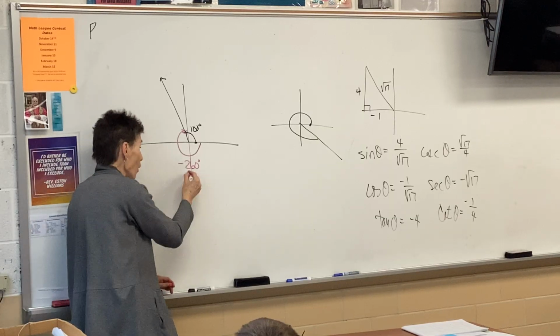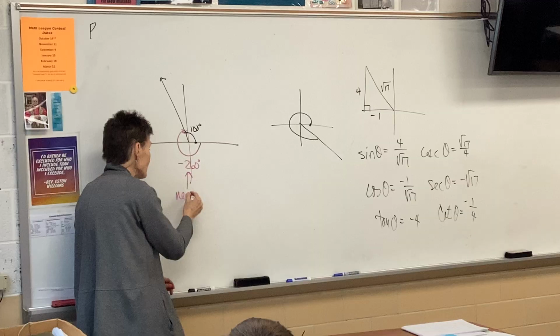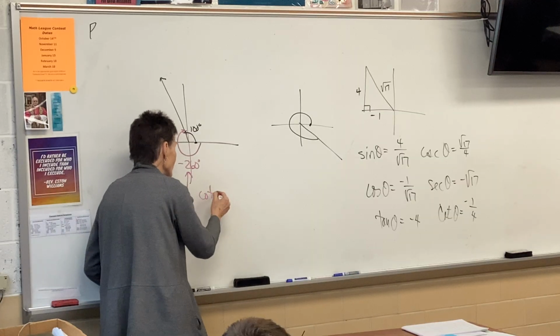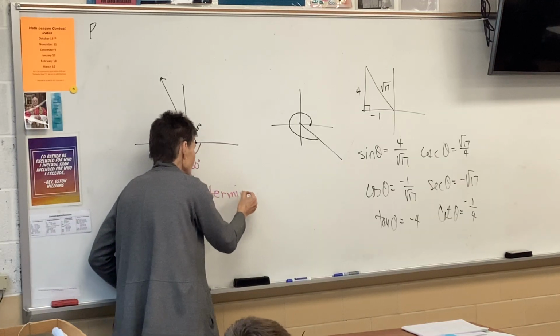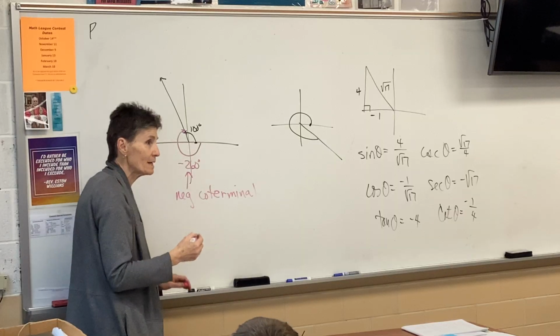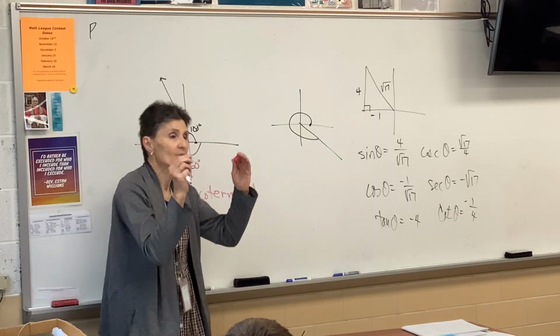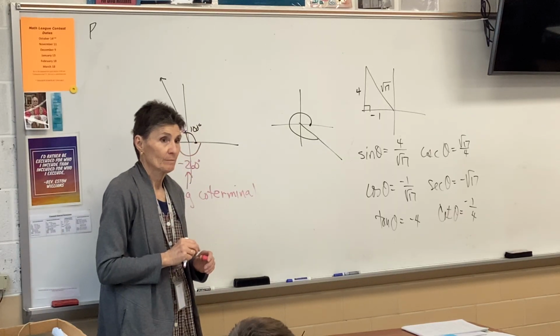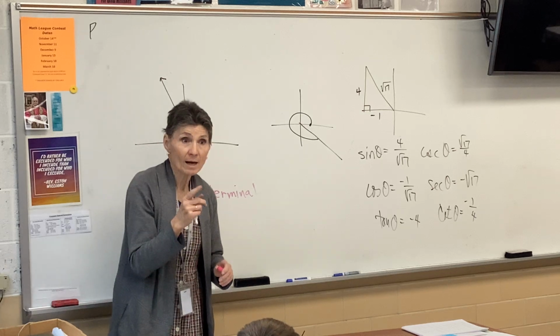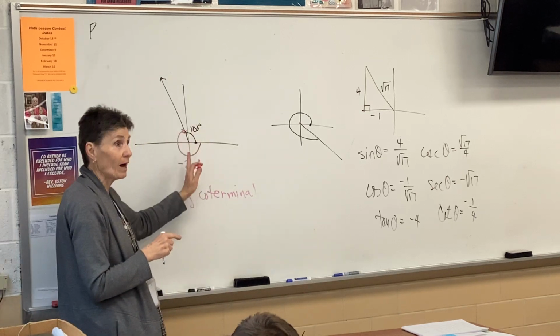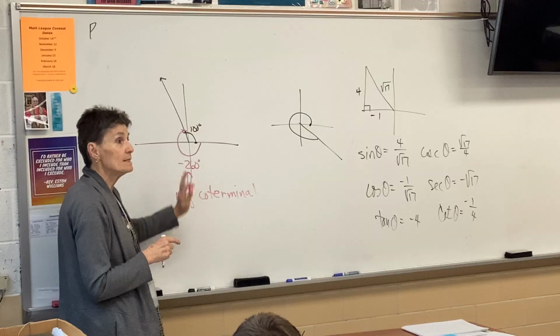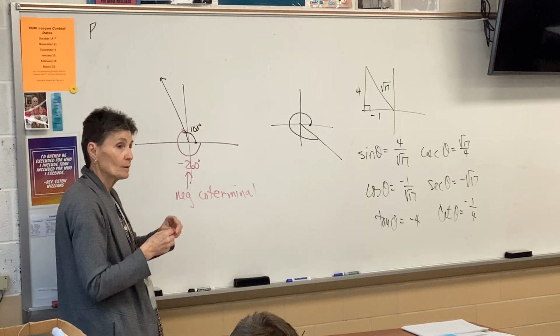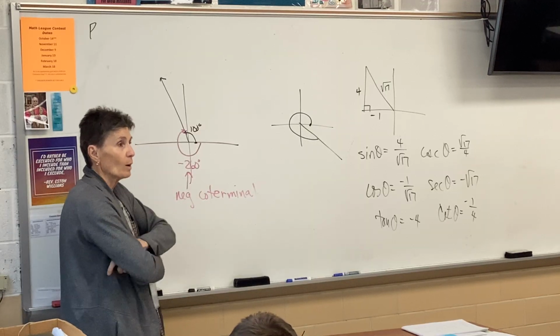This is called a negative coterminal angle. What does coterminal mean? It ends in the same spot. So if I go the other way around, I can end in the same spot, a negative coterminal angle.